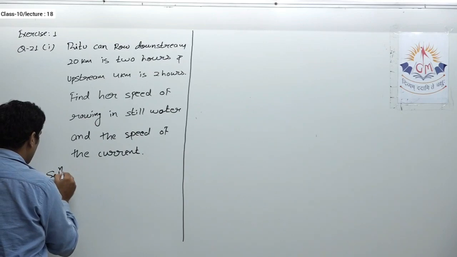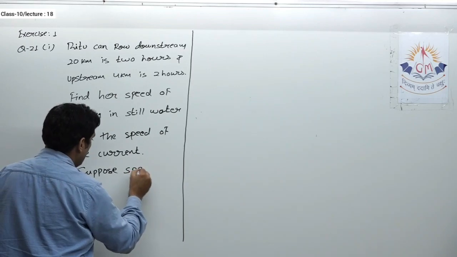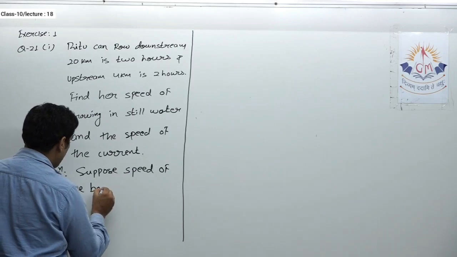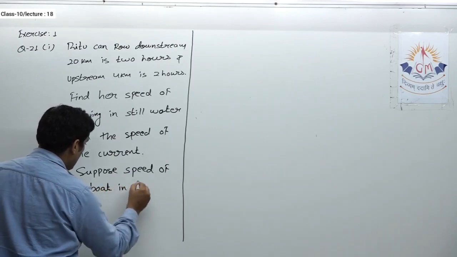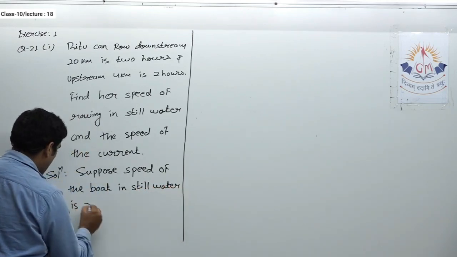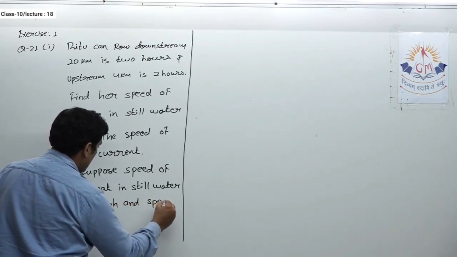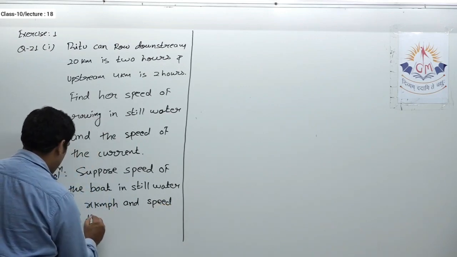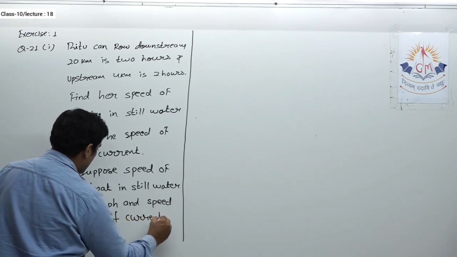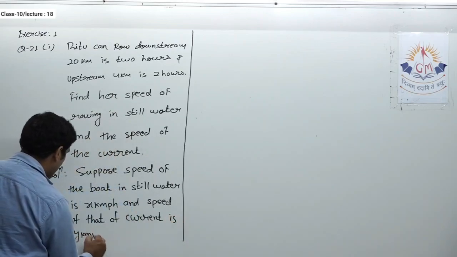So here we'll start by assuming, solution: suppose the speed of the boat in still water is x kilometer per hour, and the speed of the current, stream, water, river or flow is y kilometer per hour.